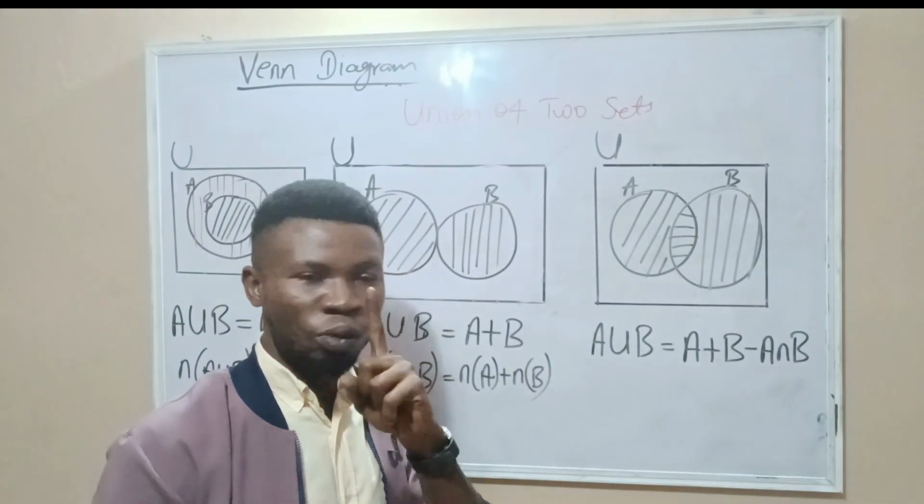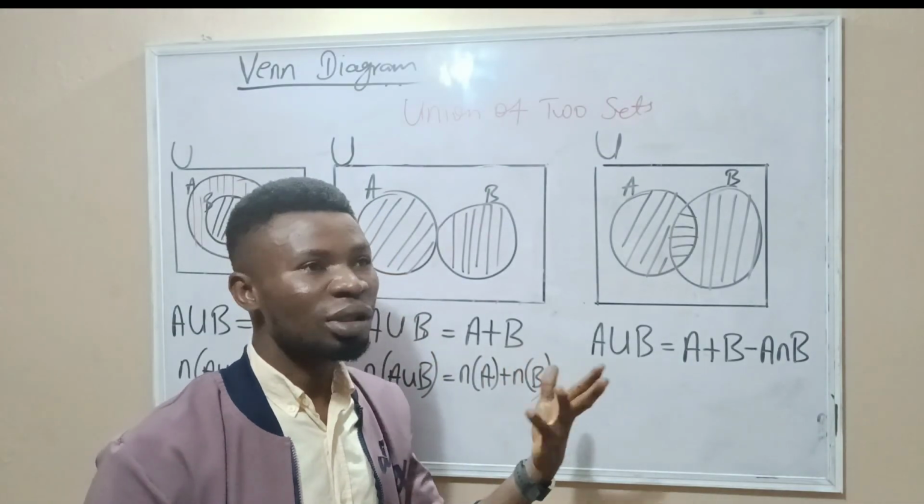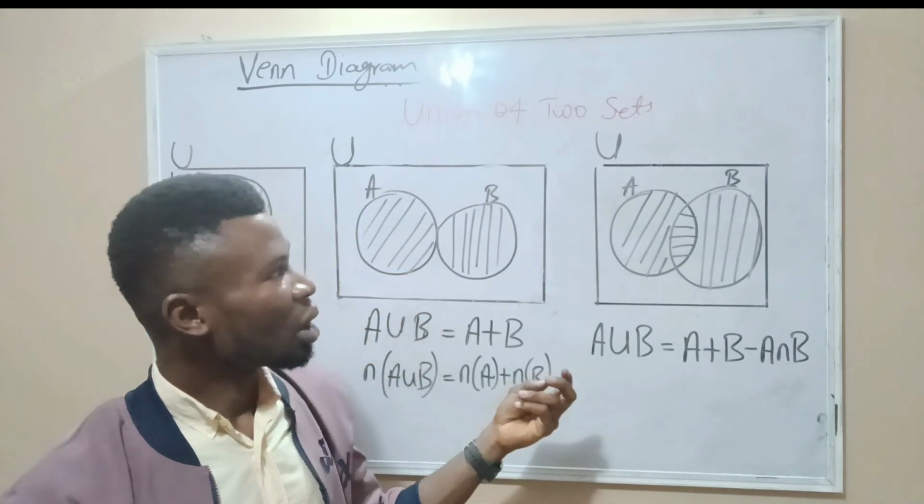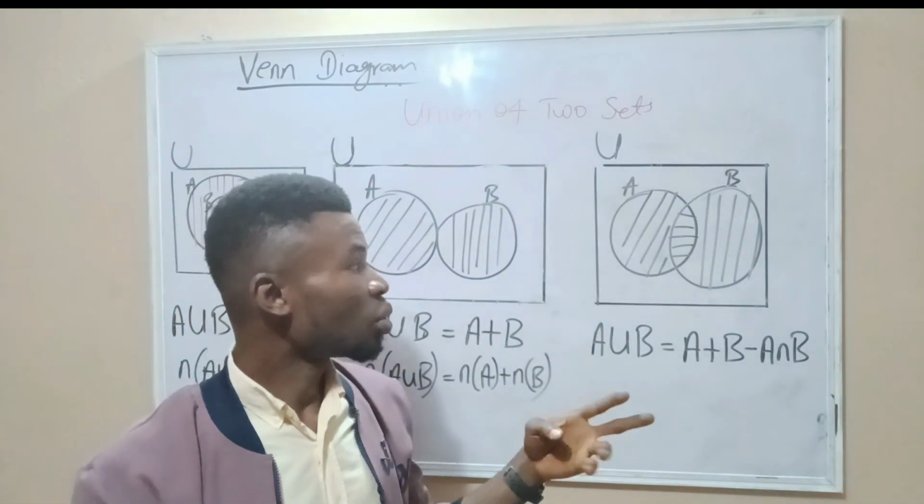If it includes what is here, which is A, and also includes this place, it has been counted twice. Then, in order to remove one of it, because you can only count it once, according to the law of union, you don't repeat anymore.